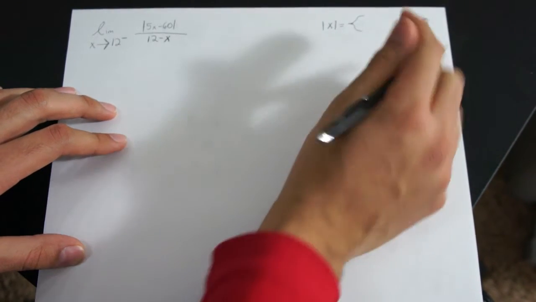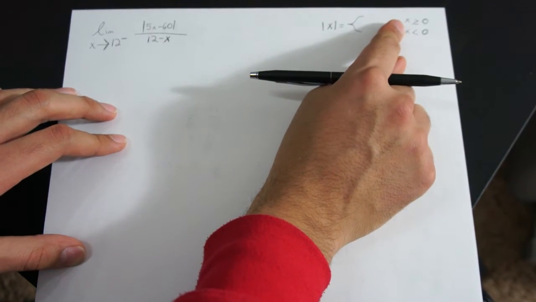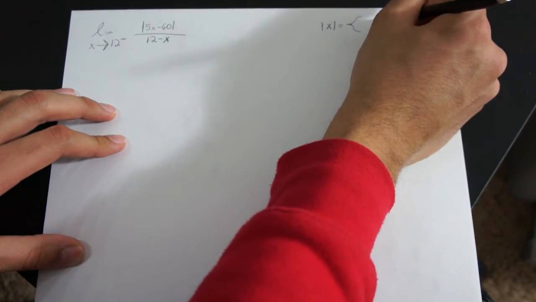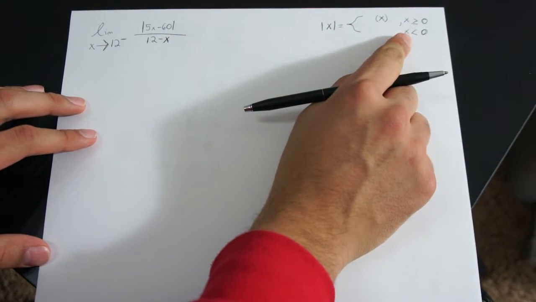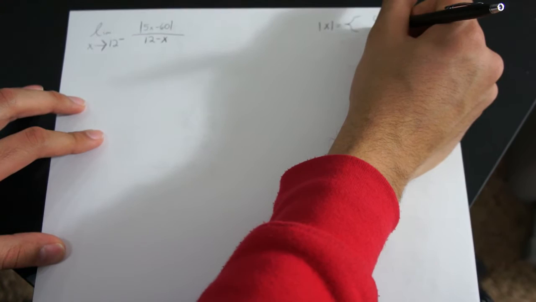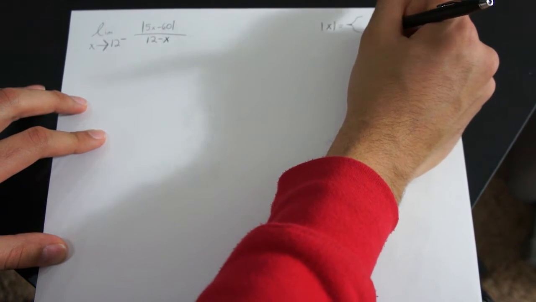In this situation, if it's greater than or equal to 0, it would just be the number itself. But if it's less than 0, it would be x with a negative out front.